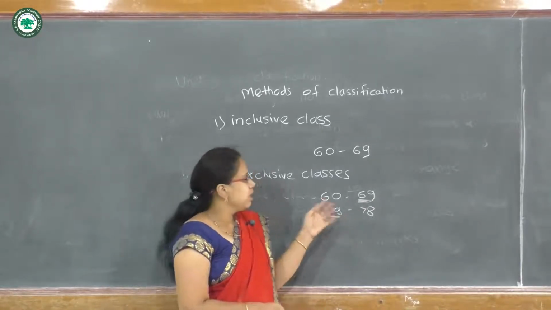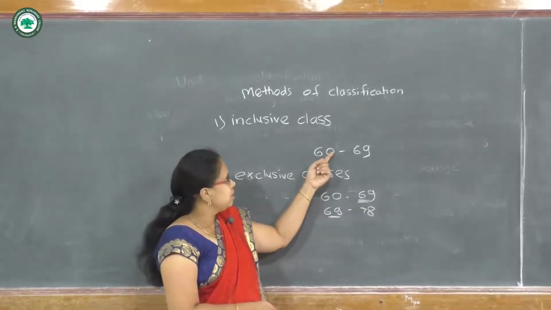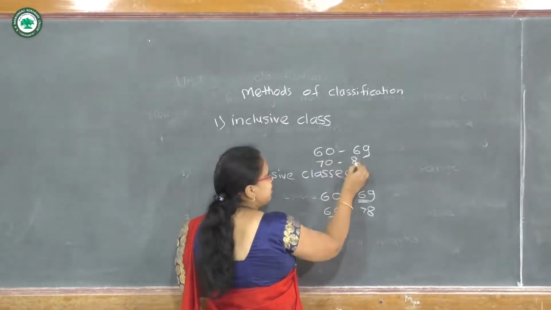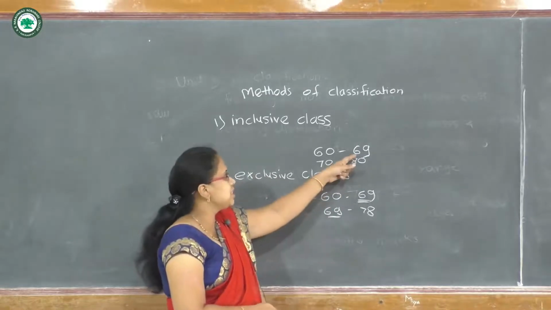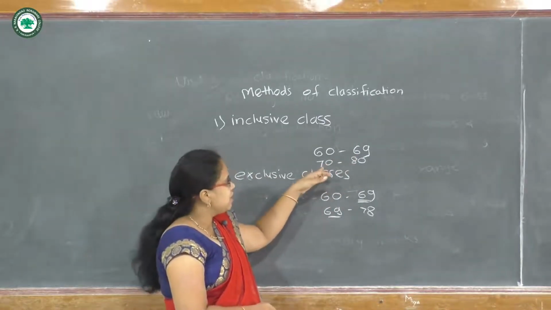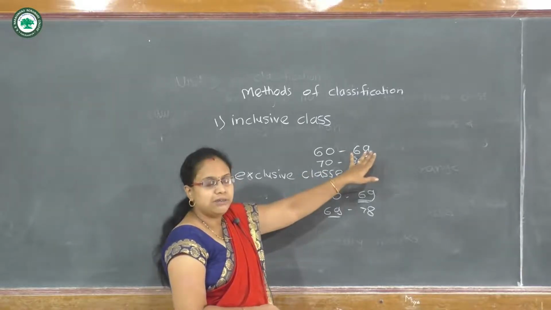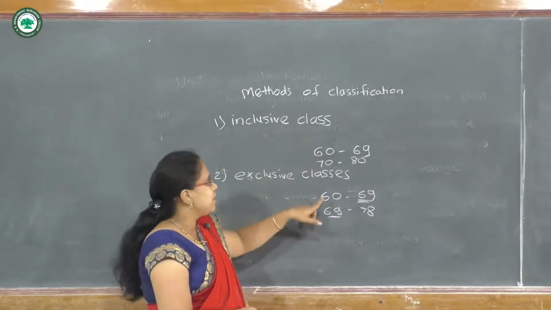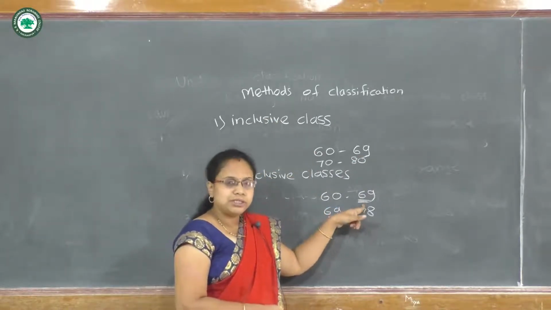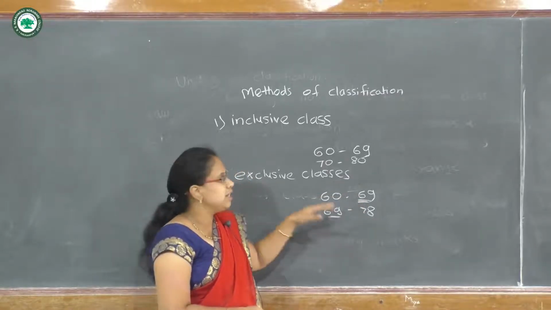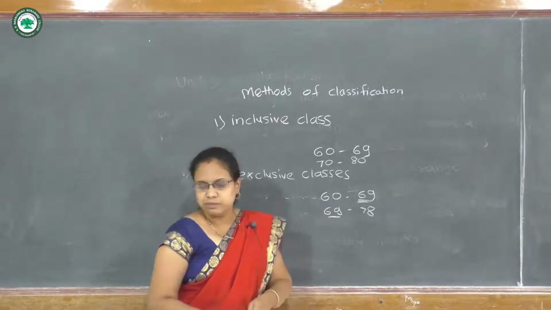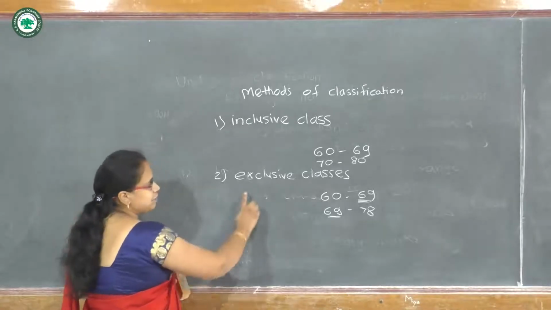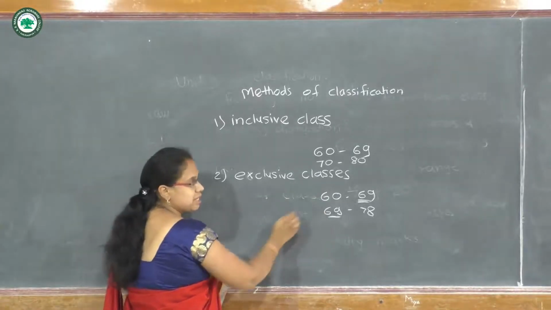So there is no gap in exclusive type classes, but in inclusive type classes there is a gap, here it is 70 to 80, so there is a gap between 69 and 70. Once again, if the upper limit is included in the same class, it is called inclusive classes, and if the upper limit is excluded from the same class and included in the next class, then it is called exclusive type classes. So these are the types of classes. Actually the exclusive type classes are continuous because there is no gap.